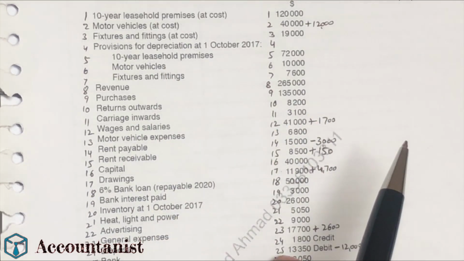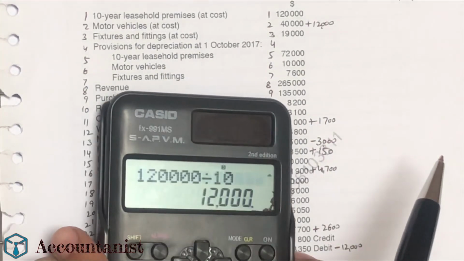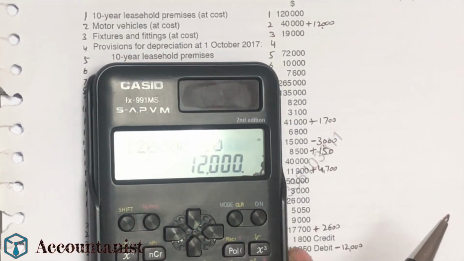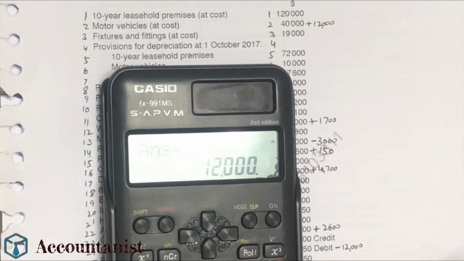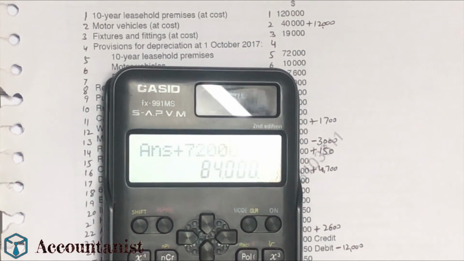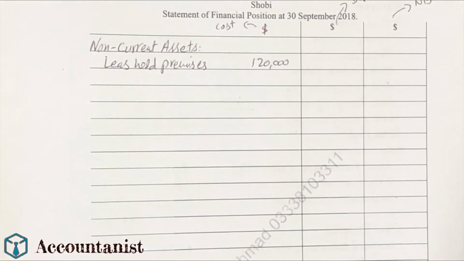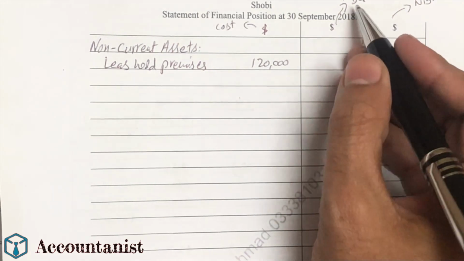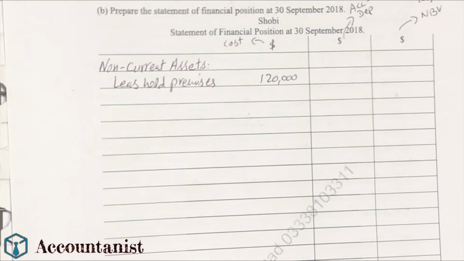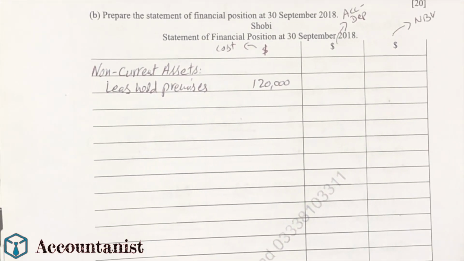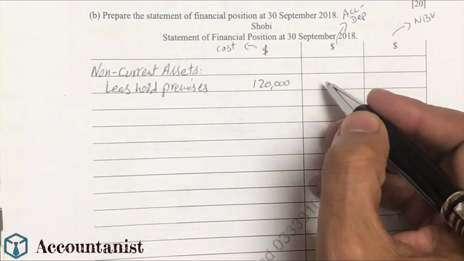We calculated the current year depreciation as 12,000, so we add this to this balance. 12,000 plus 72,000 gives us 84,000. So in this second column, we write down the total depreciation, meaning the accumulated depreciation balance, and that will be 84,000.